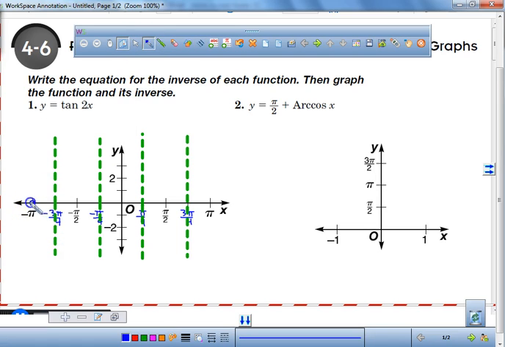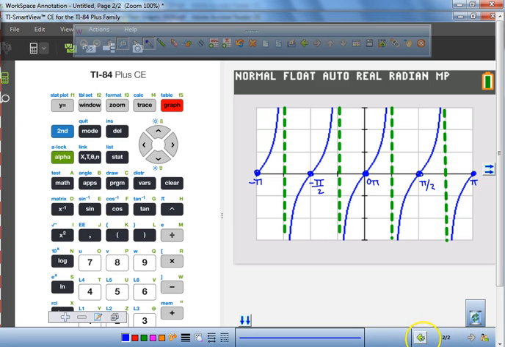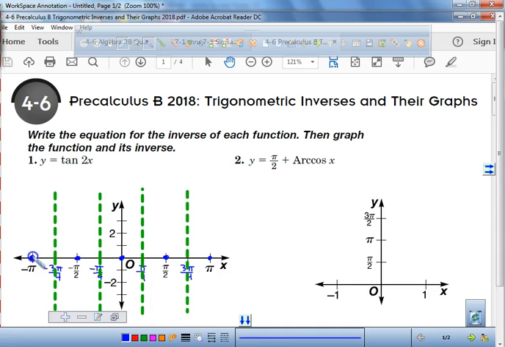And then right here at negative pi over 2, 0, pi over 2, and pi, that's where your tangent of 2x graphs are going to go through. Look at your graph, your calculator, and just transfer what you see.